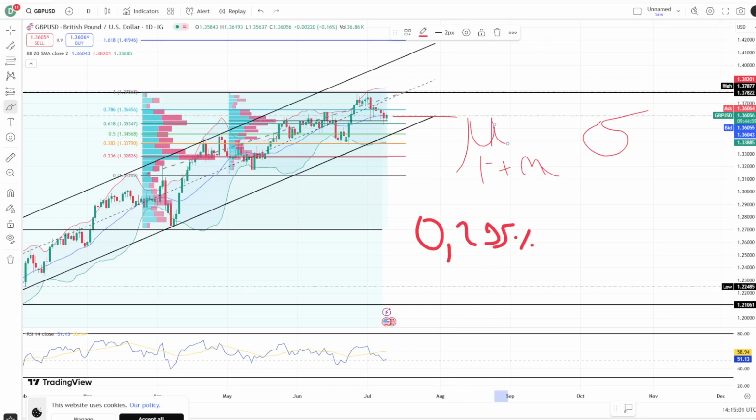The mean reversion strategy is when the exchange rate deviates here or here far from the average value. So we take a long or short position according to the mean reversion theory.